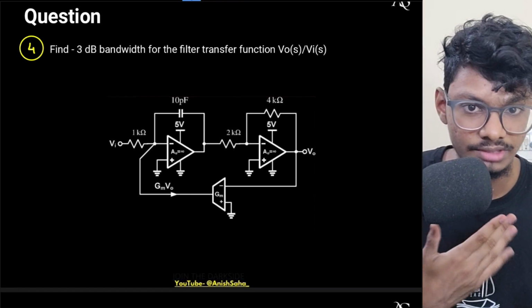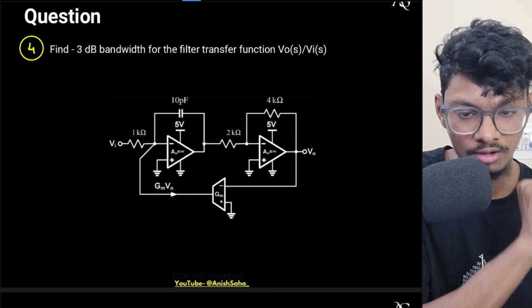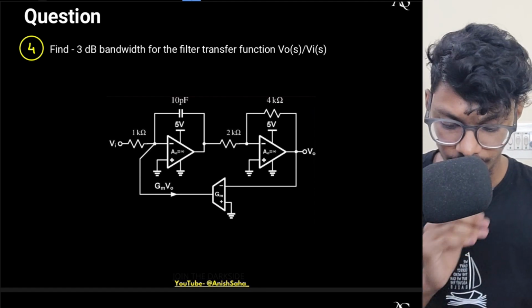So how do you identify the 3 dB bandwidth? What does 3 dB mean? 3 dB means I'm 3 dB down from my maximum value, from the peak value.